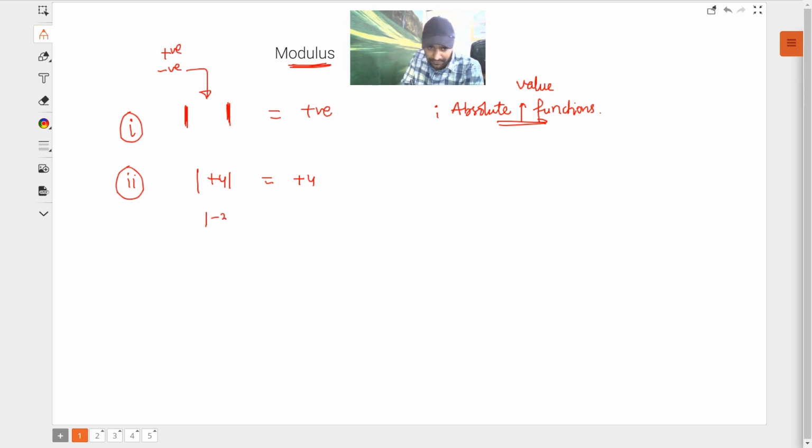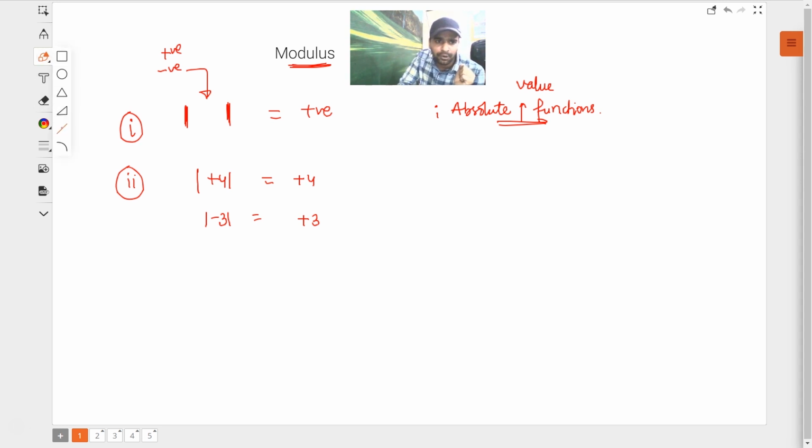If I put -3 into the modulus, -3 is negative, so what will I get? I'll get some positive number, and that will be 3 only. So any real number, whether rational, real, or decimal, I put into modulus, I'll get a positive number out of it.